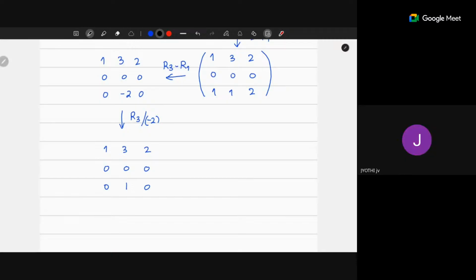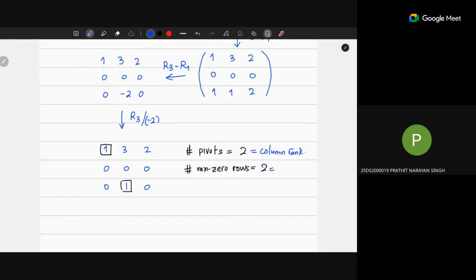Two pivots are there, right? So the number of pivots is 2. The number of non-zero rows is also 2, right? Now, what does the number of pivots say? It is equal to the column rank, right?